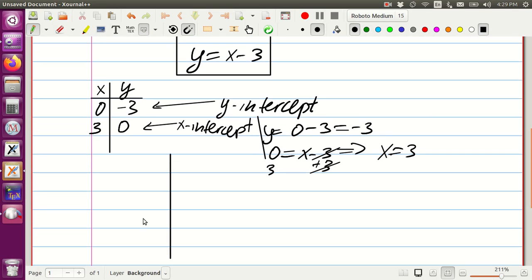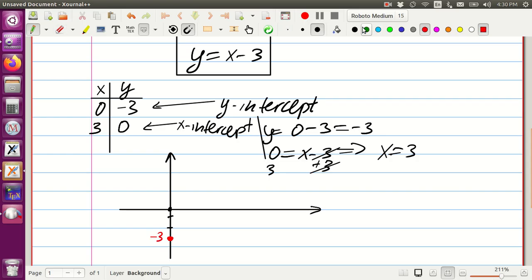So to sketch the graph, we create an x and y plane. We go and create the y-intercept first. For x it's going to be 0. We go negative 1, negative 2, negative 3. So this will be our first intercept, negative 3.